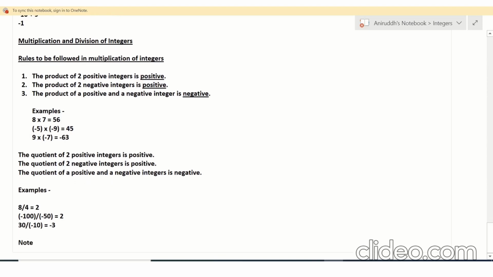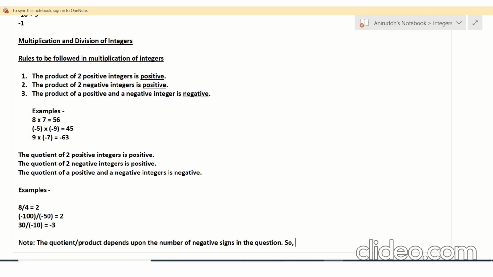Note: the quotient or the product depends upon the number of negative signs in the question.